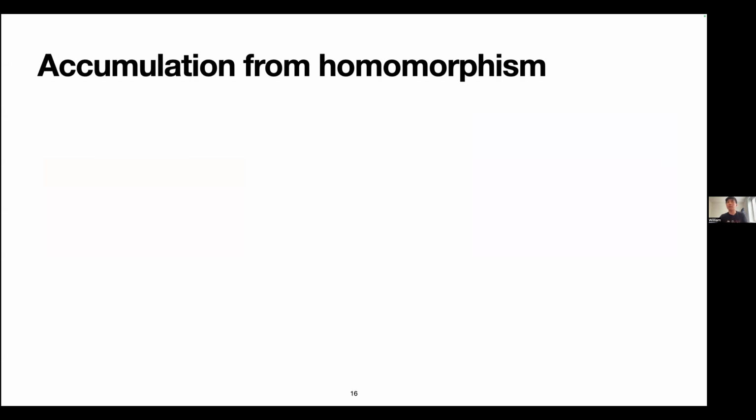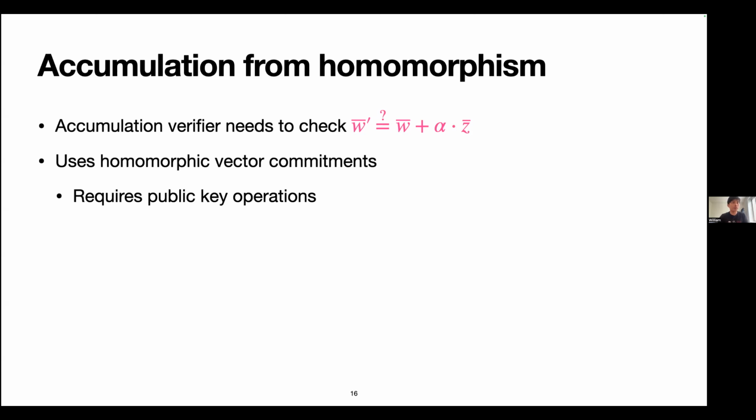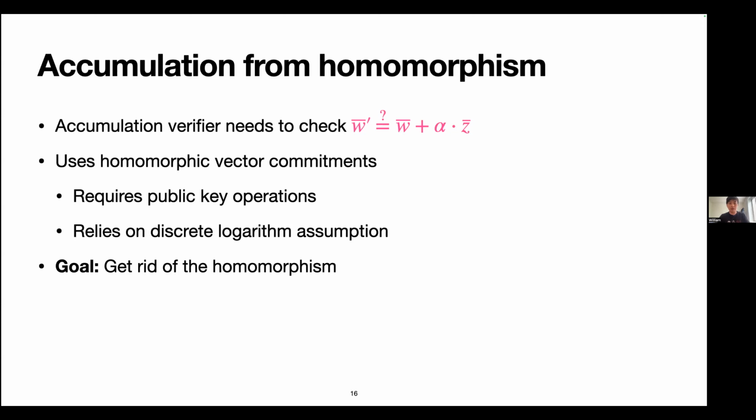Recall, the accumulation verifier needs to check that the linear relation holds over the underlying committed vectors. And when it has a homomorphic commitment, it can just check it literally by computing over the commitments. But the fact that we have these homomorphic commitments is why we need to rely on group-based cryptography, and these are the things that we want to get rid of.